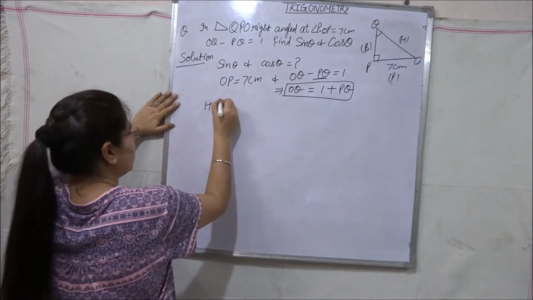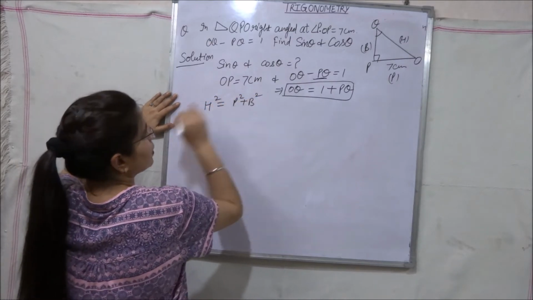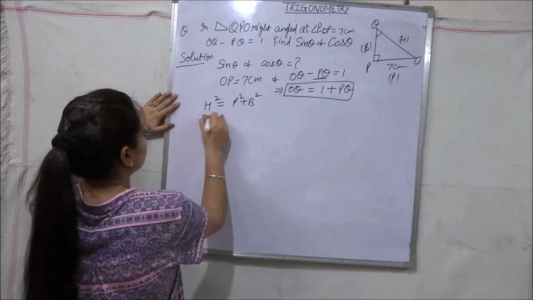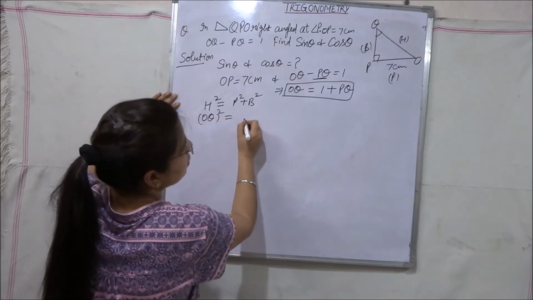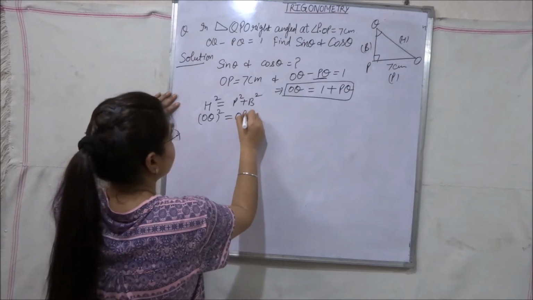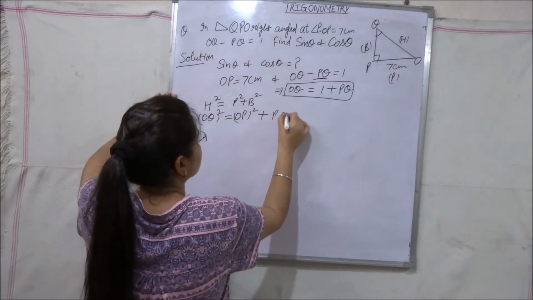Now by Pythagoras theorem, h square equal to p square plus b square. H is OQ square, equal to p, which is OP, plus b, which is PQ.